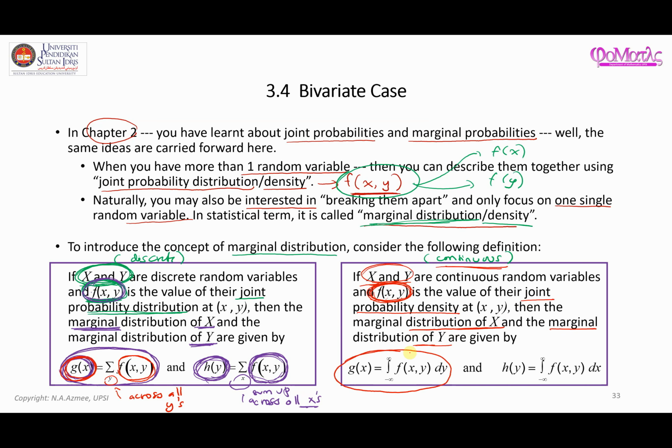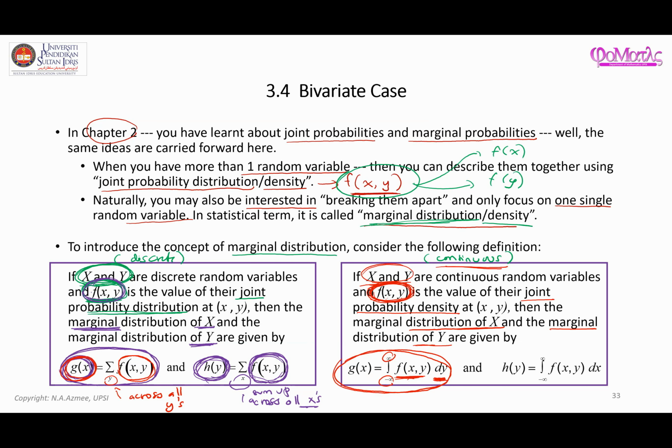For example, if you want to find the marginal distribution for x, you need to integrate the joint probability density with respect to y. So you're going to integrate this function, the joint probability density, with respect to y, and these are the limits according to the y limits.